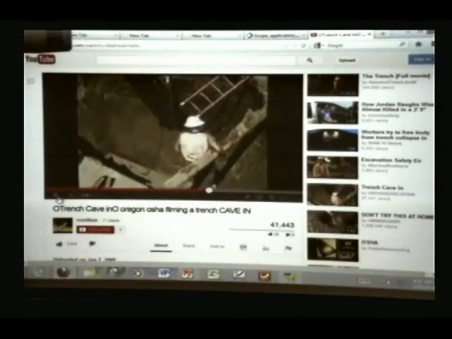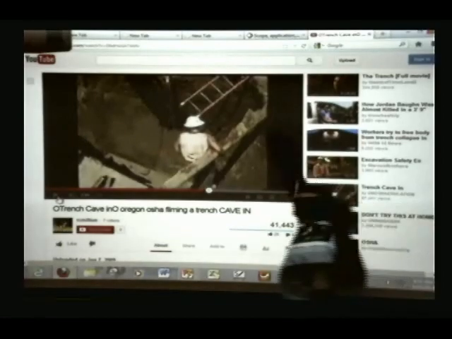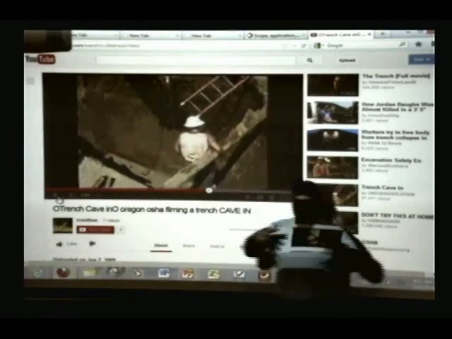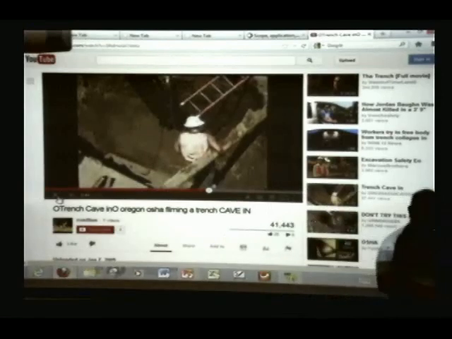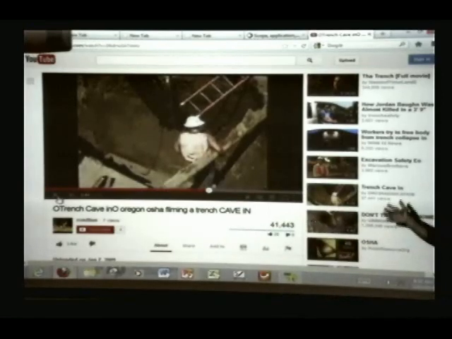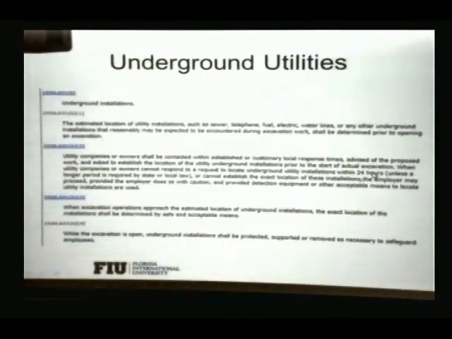This happened to be the inspector right there at that time, but you can see that's what it means: the walls of the excavation collapse, and it can trap somebody in there. So you need to provide some sort of protection against those cave-ins.